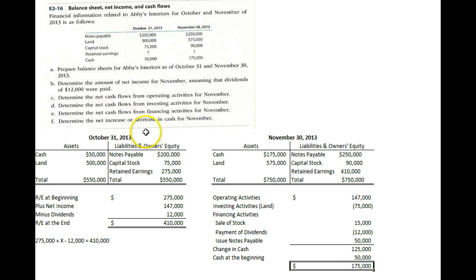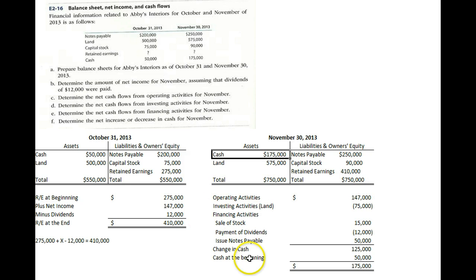So the net increase in cash is this $125,000. Here's the trick about cash flow statements. You always know what the answer is. You always know that your cash, in this example, went from $50,000 to $175,000. So you know that the change in cash is a positive $125,000.